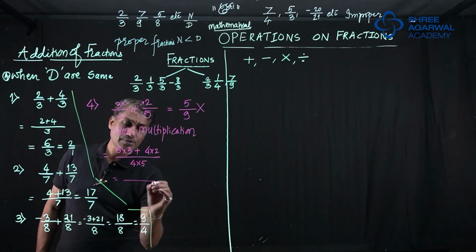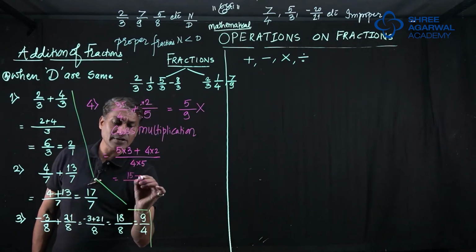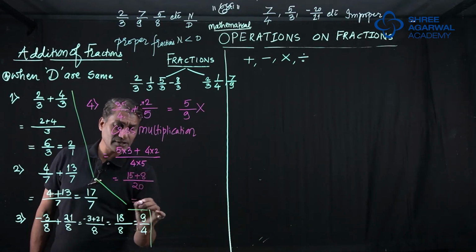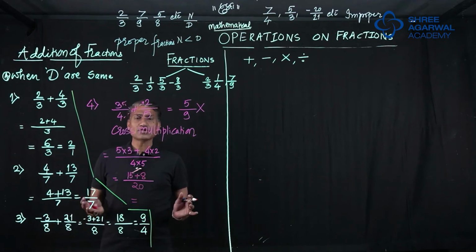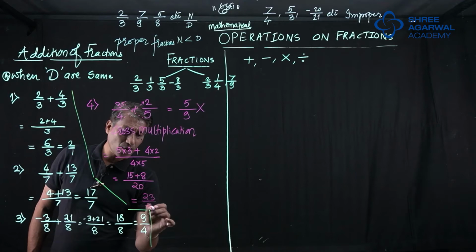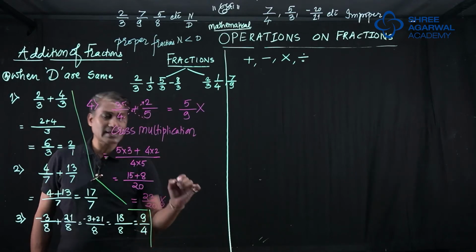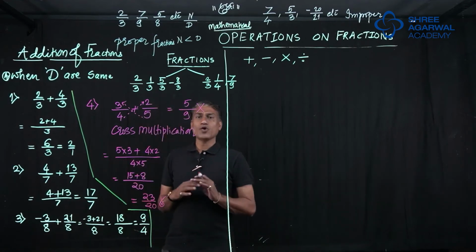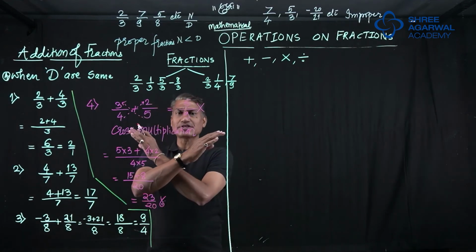Equal to 5 3s are 15, 4 2s are 8, 4 5s are 20. Still one more step of simplification. 15 plus 8, 23 upon 20. This is the final answer. I hope you understood how cross multiplication is to be done.